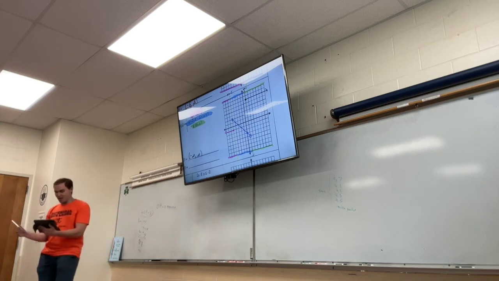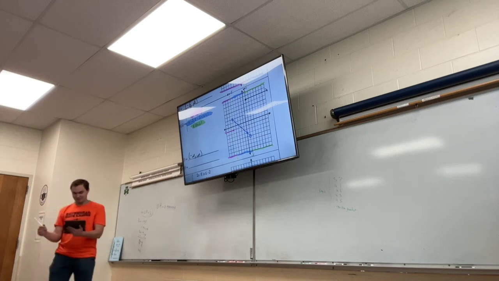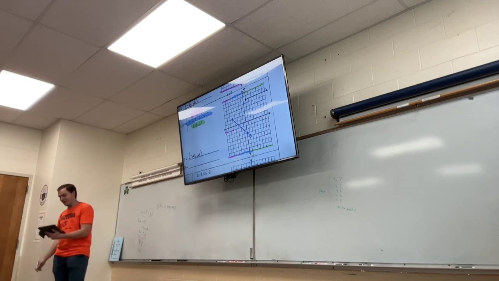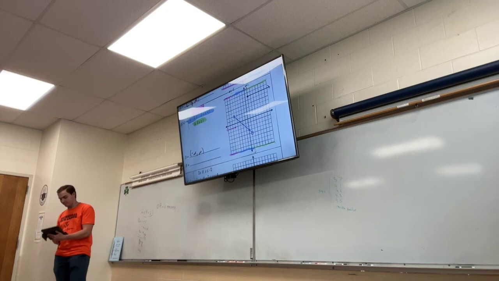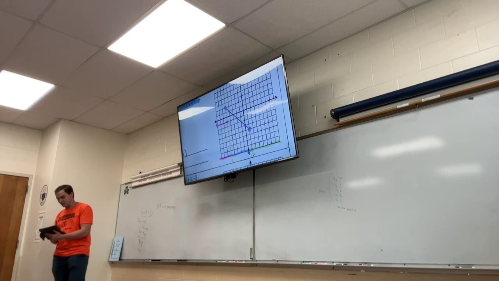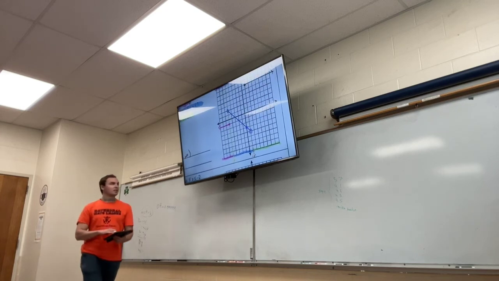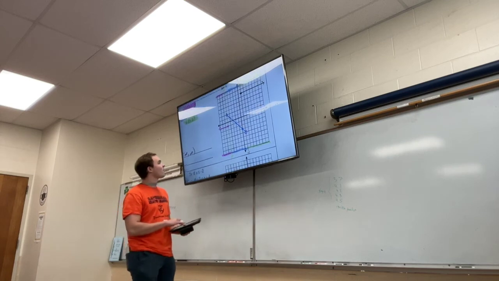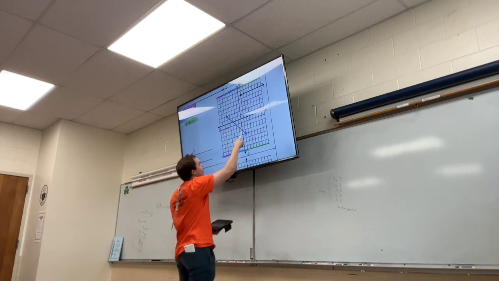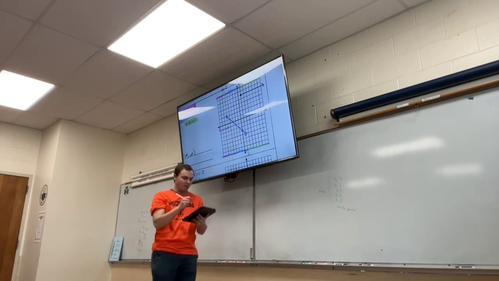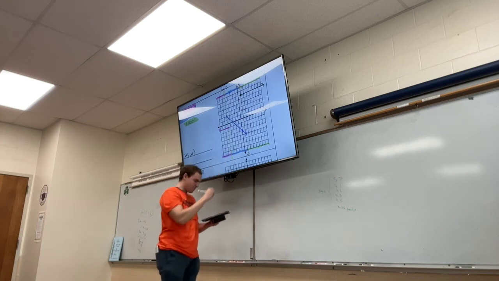Okay, then what's my range? Boy, this is a fun one for the range. Is it 3 separate? It's not going to be 3 separate. So what's the lowest y we have? The lowest y is -4, right? That's going to be with a parenthesis because it has a hollow circle there.